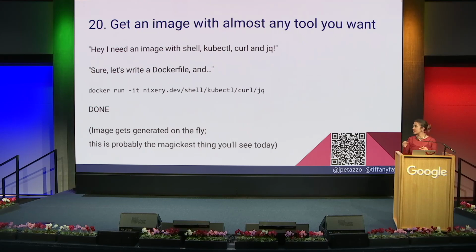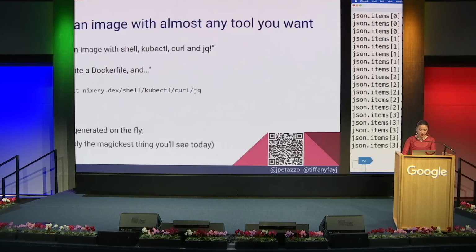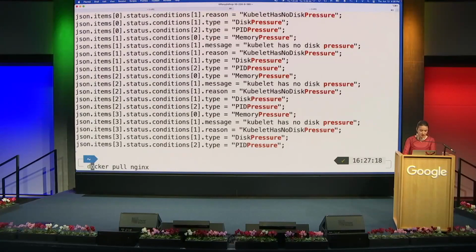Basically, it will just go and create an image. It's not for every single tool. There are some things that I can't find. But for instance, if I ran this, it would give me an image where I can use the shell, I can use kubectl, I have curl, jq.